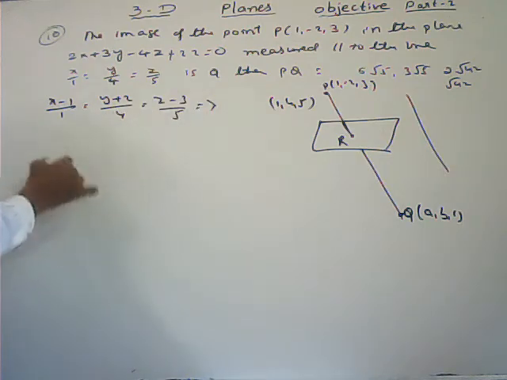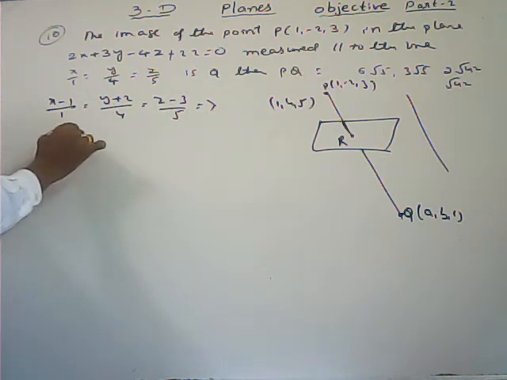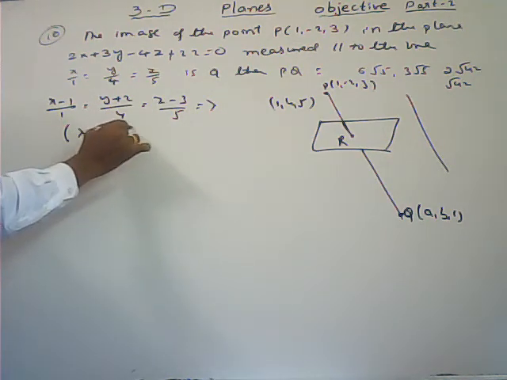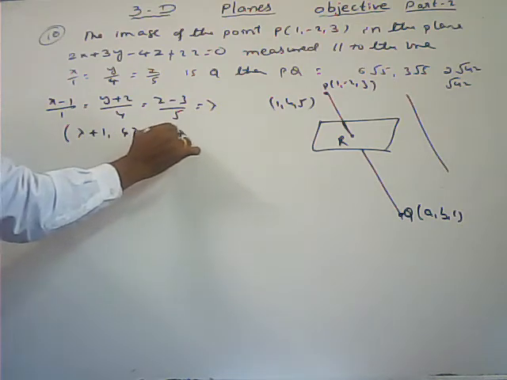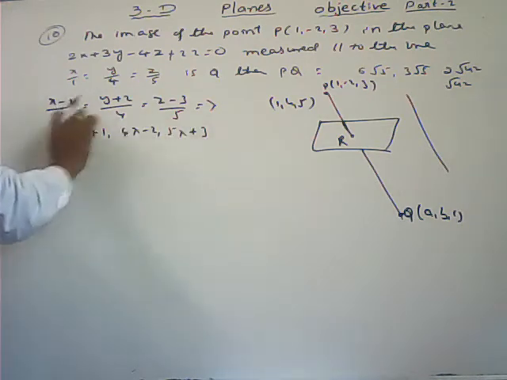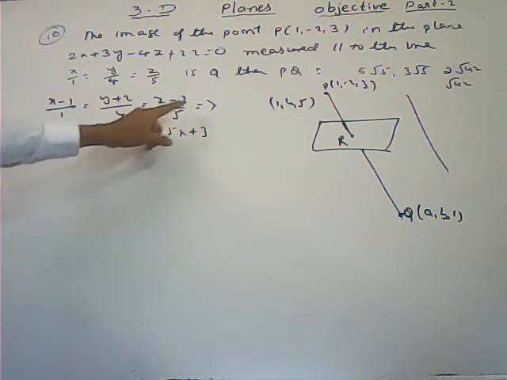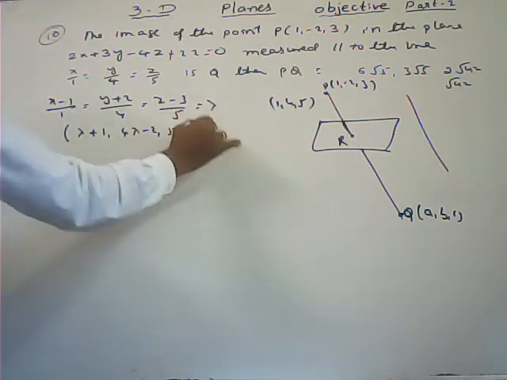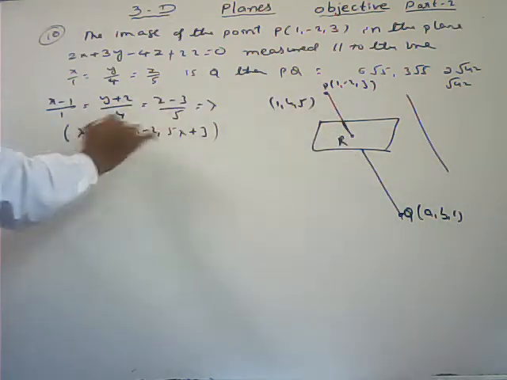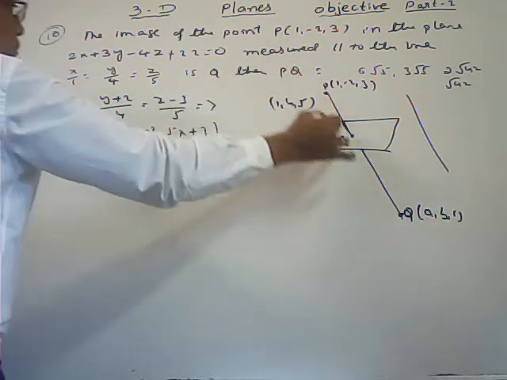Any point on that line is (lambda + 1, 4 lambda - 2, 5 lambda + 3), equating every term to lambda. For different values of lambda, we get different points on that line.